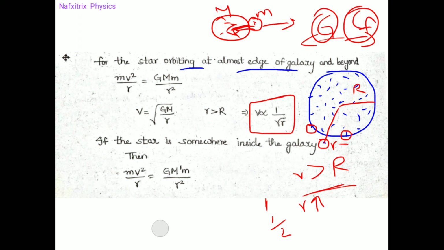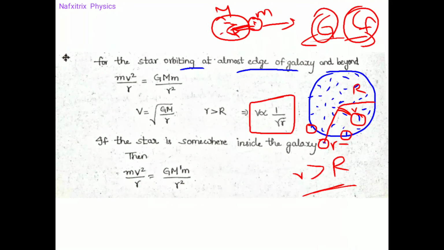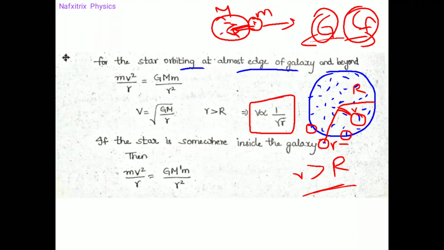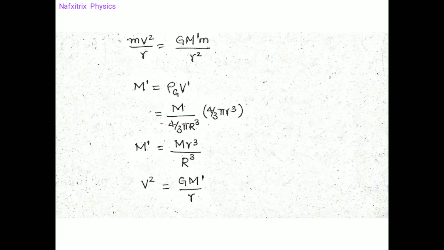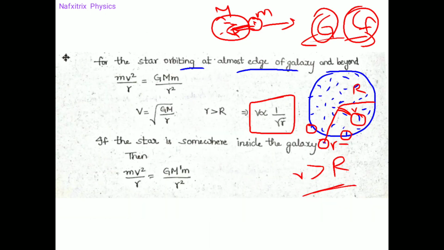Next, what we need to see is if the star is somewhere inside the galaxy. If it is residing inside the galaxy, for stars like this, this is the r. So here we can see clearly that in this case, r is less than capital R, as the star is residing inside the galaxy.